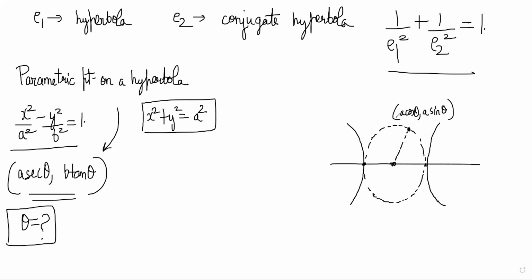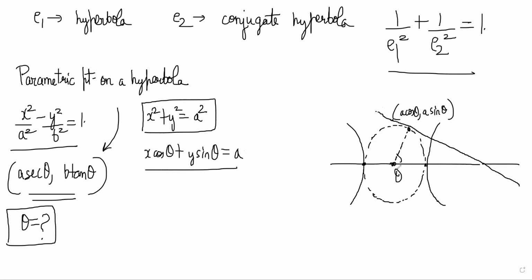Now draw a tangent to this circle at this point. So what is the tangent to this? It would be x cos theta plus y sin theta is equal to a, right? That is the tangent to the auxiliary circle at the point theta. Now, this tangent intersects the x-axis at what point?